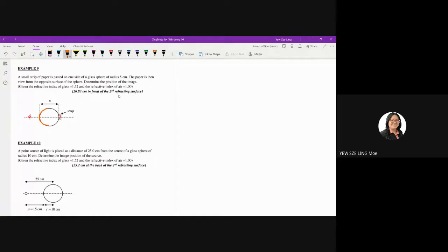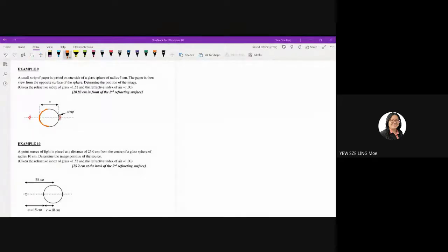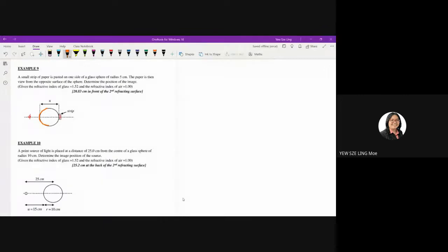Remember, refraction only occurs if the light ray is traveling from one medium towards another medium. If it is inside the same medium, then nothing happens. So if you place it on the surface, nothing happens, because it's not traveling between two media. So what we have right now is the glass as the first medium, our N1, and the air is our N2.